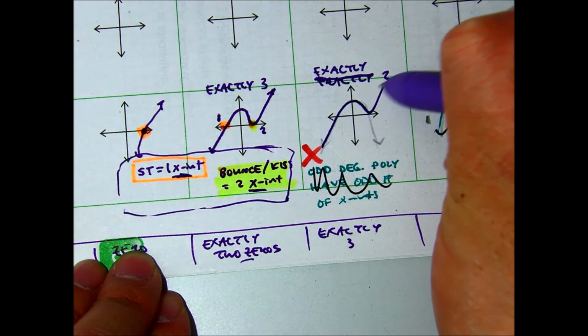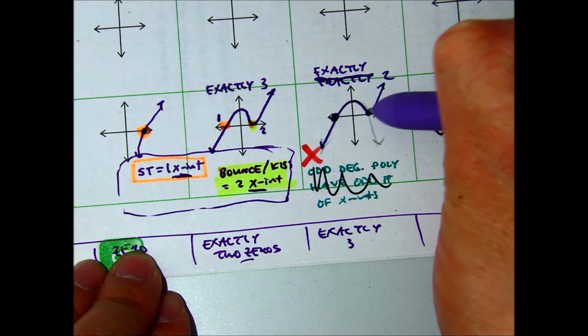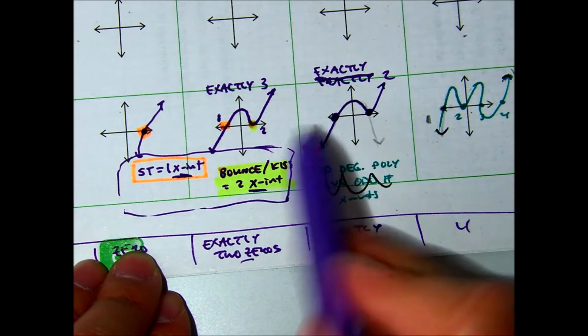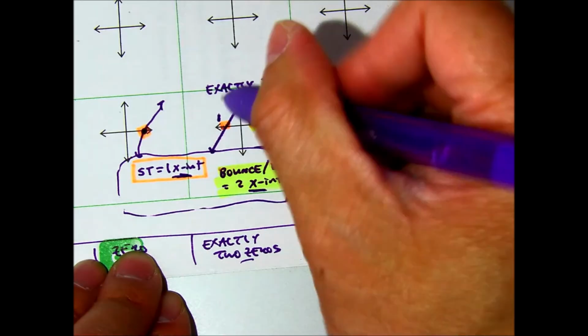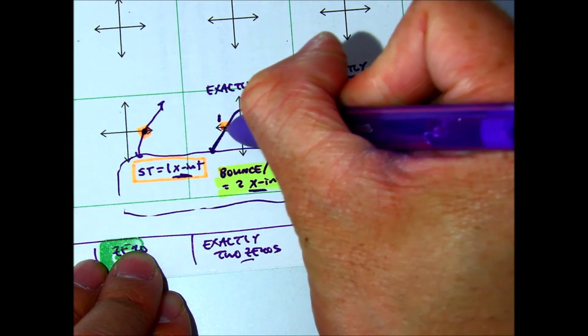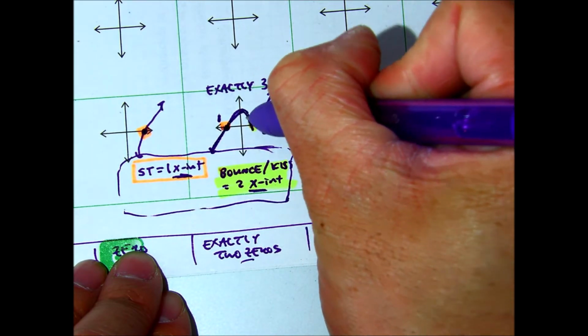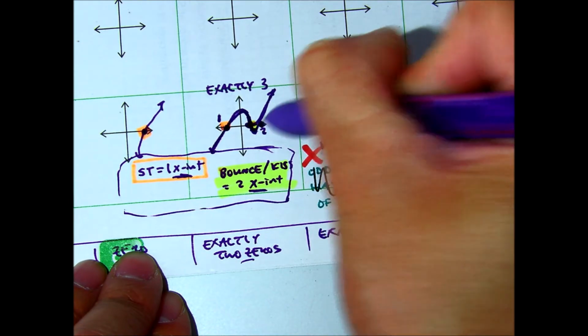So they kind of want you to ignore the idea of shoot-throughs and kisses and just say, how many little dots do I have there? This would be exactly 2. An exactly 3 example would be something like 1, if we went this one a little bit lower, 2, and then 3.